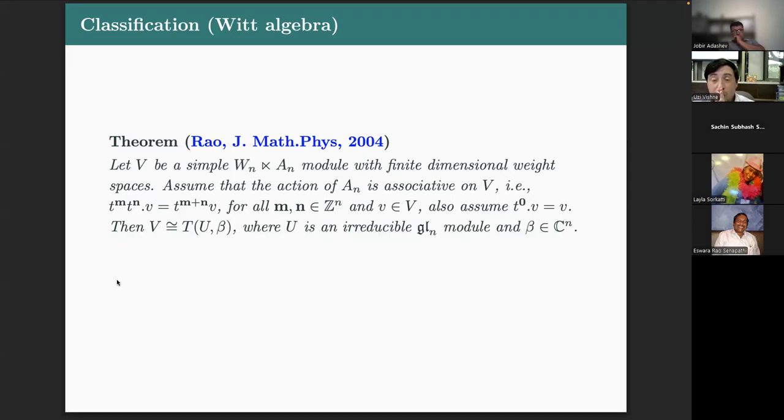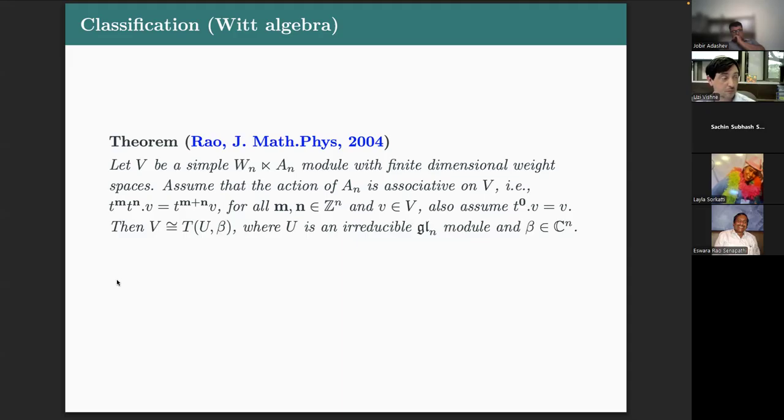What do we mean by the action being associative? It means Tn of V is nothing but T(m+n) of V, and one more condition, that T0 acts non-trivially. Then he showed that the module has to be a tensor field module, where V is an irreducible GL module and beta belongs to C. So that's a very important result in this part.